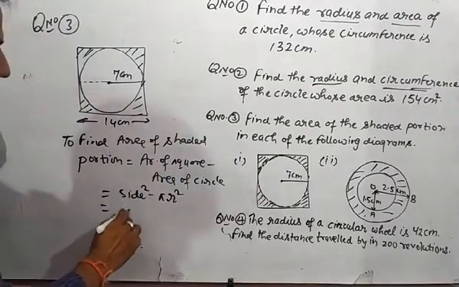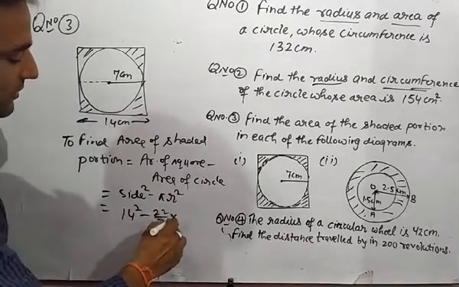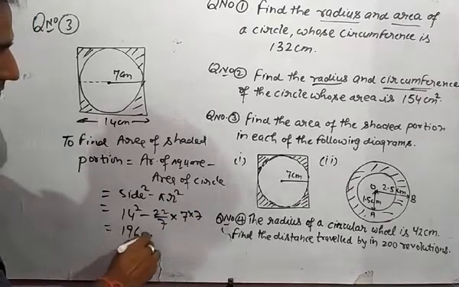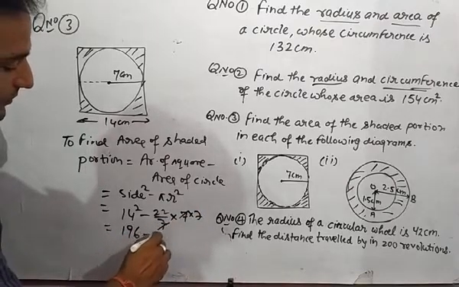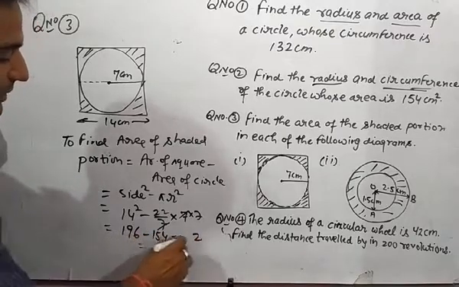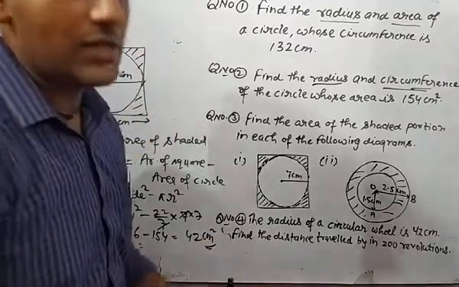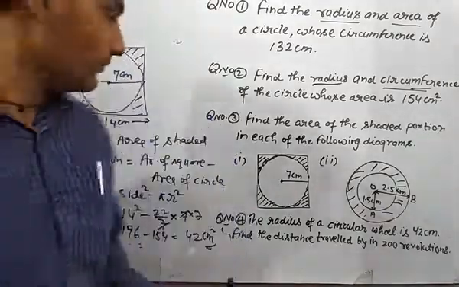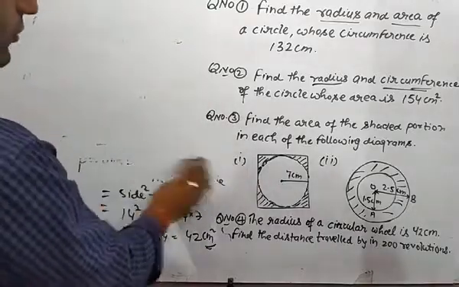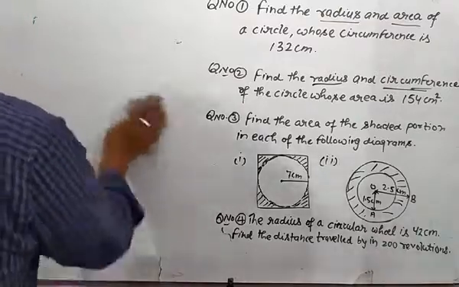Side is 14, so 14 square minus pi r square, that is 22 by 7 into 7 into 7. So 196 minus 154, 7 cancel. 6 minus 4 is 2, 9 minus 5 is 4. 42 centimeter square is the area of the shaded portion. Wherever you require, please pause the video, take a screenshot and save the figure.